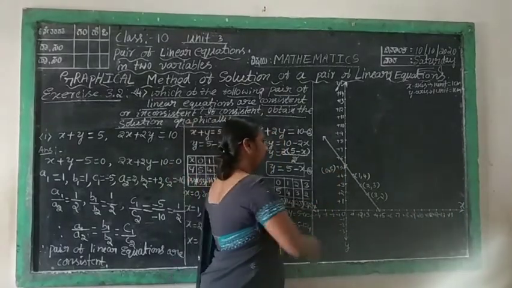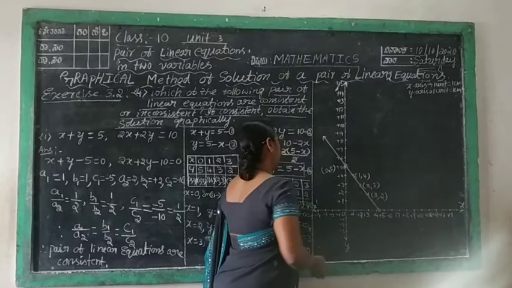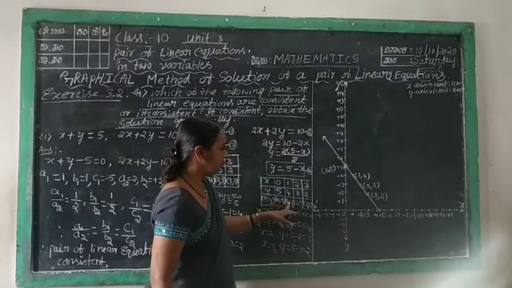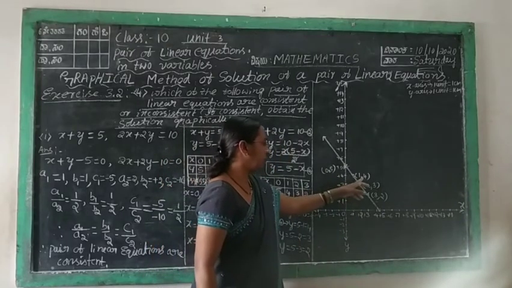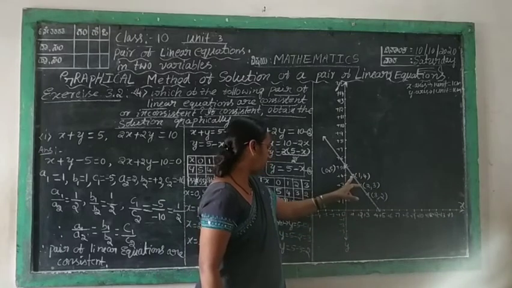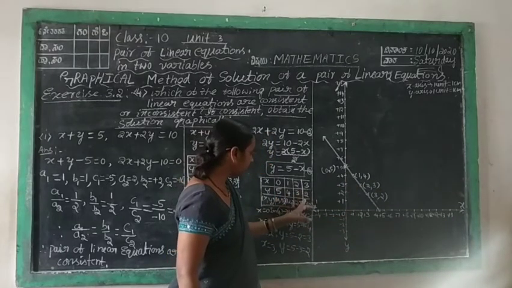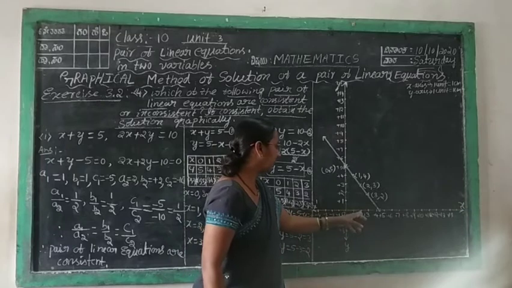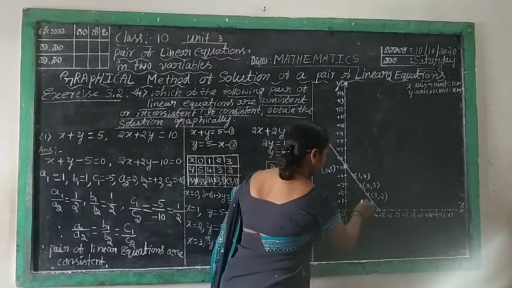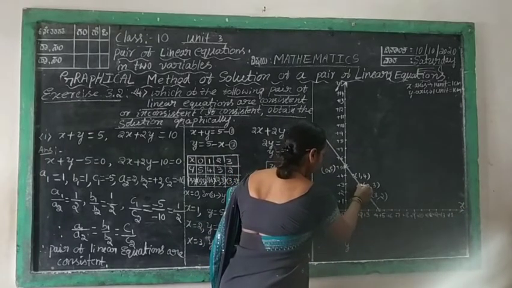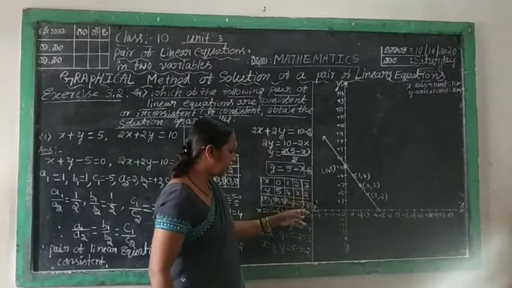The second point is (1, 4). The third point is (2, 3). Next, the fourth point is (3, 2).